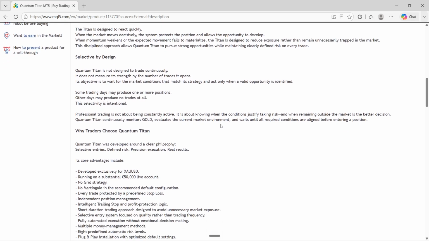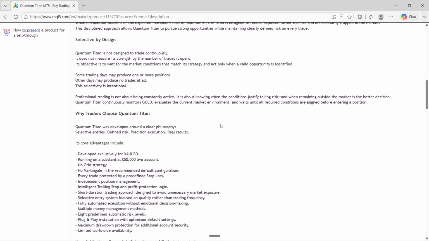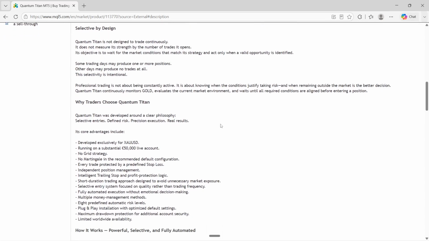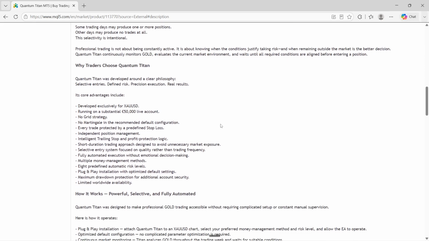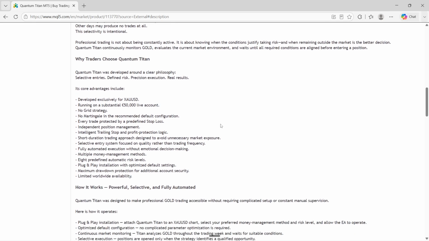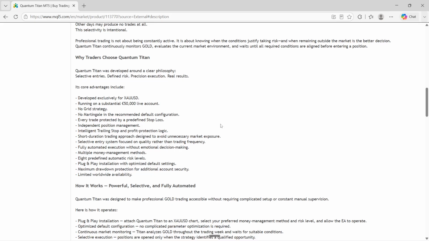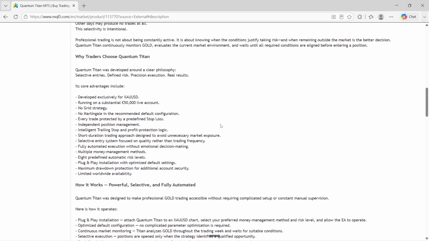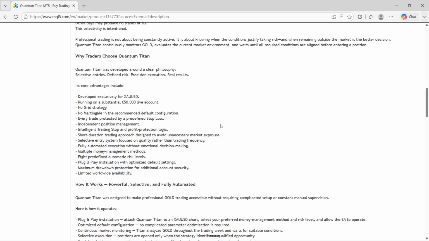Alright, so the key features include selective entry logic for gold, predefined stop loss on every trade, independent position management, intelligent trailing and profit protection, multiple money management methods with 8 predefined automatic risk levels, maximum drawdown protection, plug and play defaults, and mandatory VPS recommendation for continuous operation.